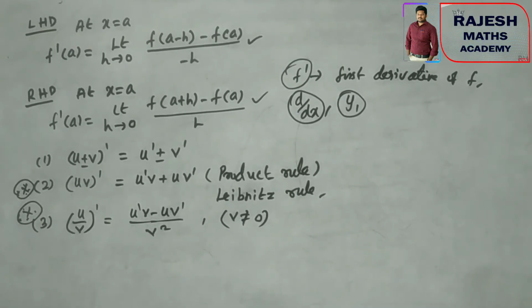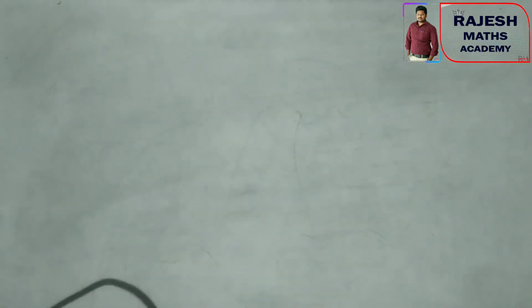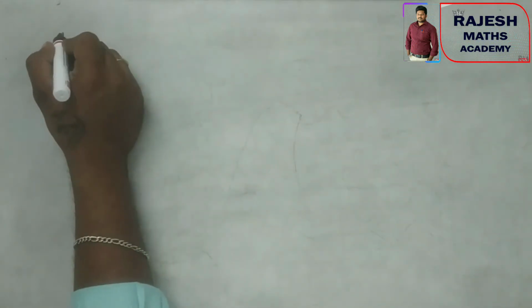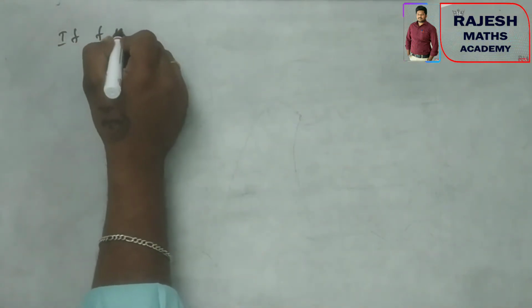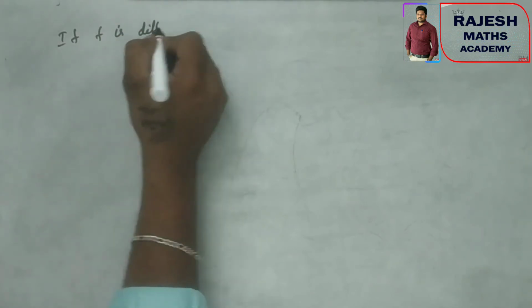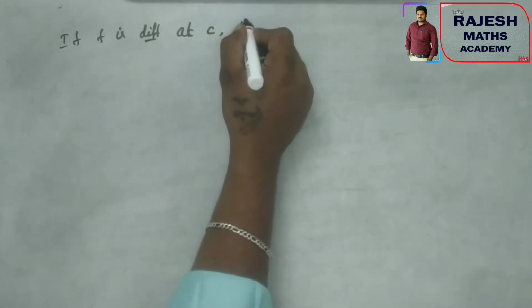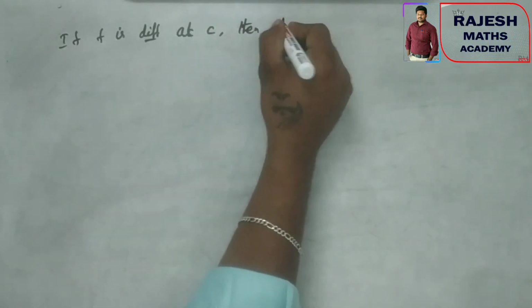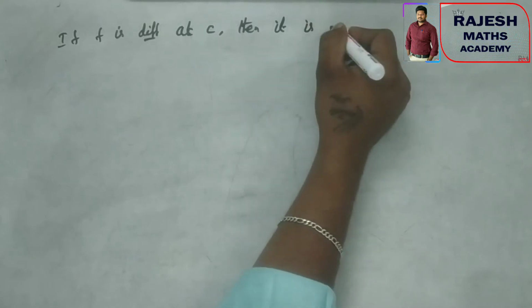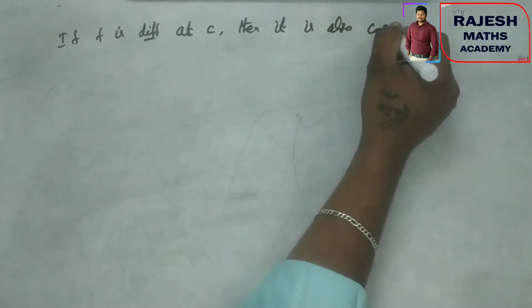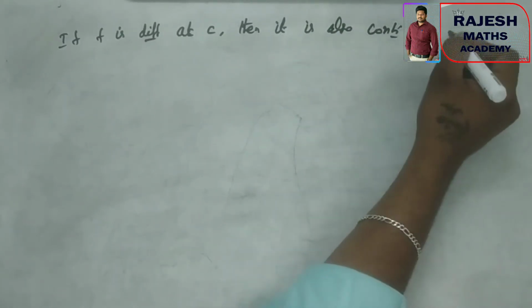Before entering into the chain rule, we have to know one definition. A function is differentiable at the point C, then it is also continuous. If f is differentiable at C, then it is obviously also continuous at the point C. Clear?